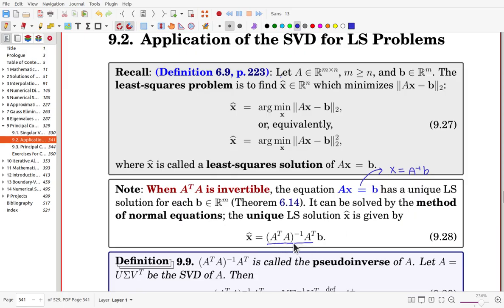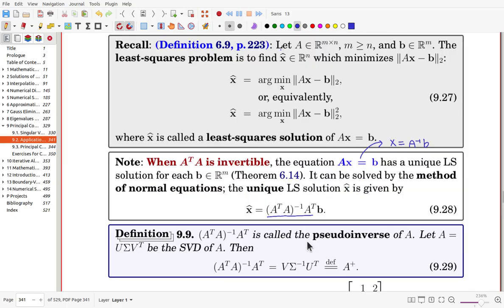A doesn't have an inverse if m is larger than n, but it plays the role of an inverse. So we give it the name pseudo inverse.